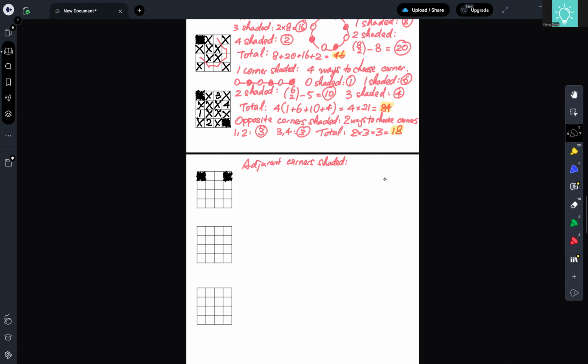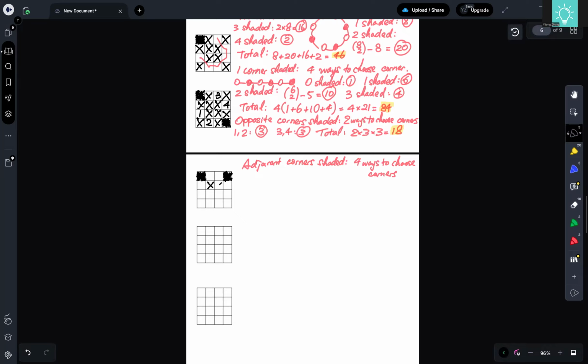Of course, I could have chosen these two, or these two. So there are actually 4 ways to choose the corners. There's 4 pairs of adjacent corners rather than 2. So there's already a difference there.